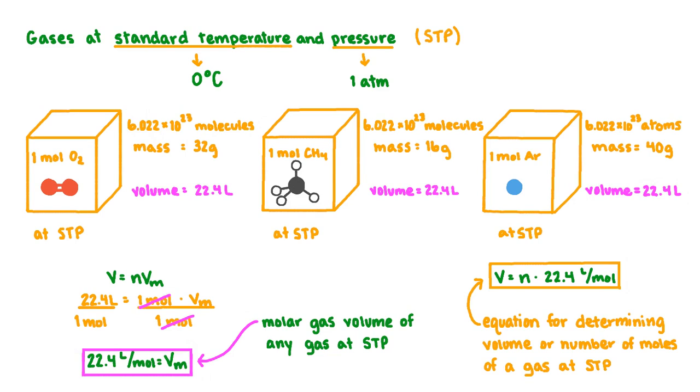Once again, it's important to recognize that the molar gas volume of 22.4 liters per mole and the subsequent equation are only valid when the temperature is 0 degrees Celsius and the pressure is 1 atmosphere. Now that we've learned about Avogadro's law, molar gas volume, and standard conditions, let's take a look at a few questions.